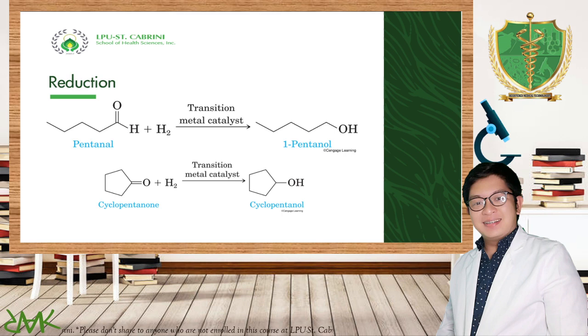In the reduction of our aldehyde, in the presence of a transition metal catalyst, will give you a primary alcohol. And reduction of our ketone will give us our secondary alcohol.